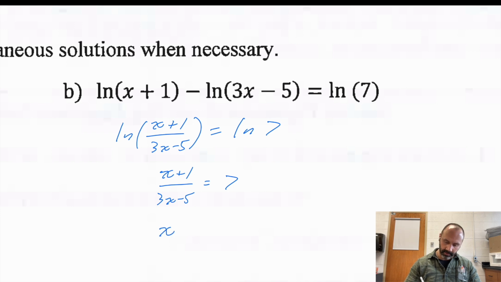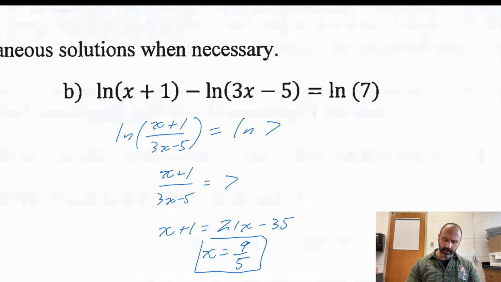Solving here, x plus 1 equals 21x minus 35, etc. And then we should end up with x equals 9/5 when you do the algebra. And checking our domain restrictions, x has to be bigger than -1. Here, x has to be bigger than 5/3, but 5/3 is bigger than -1, so that's our domain restriction.